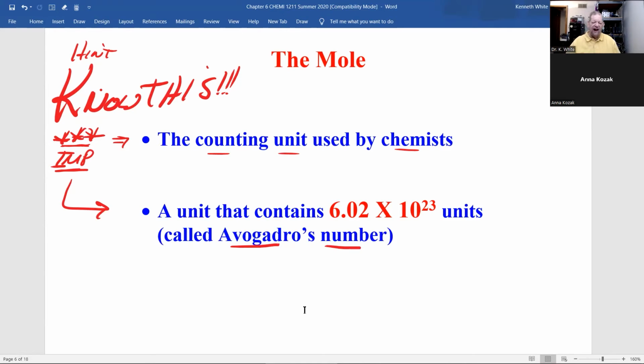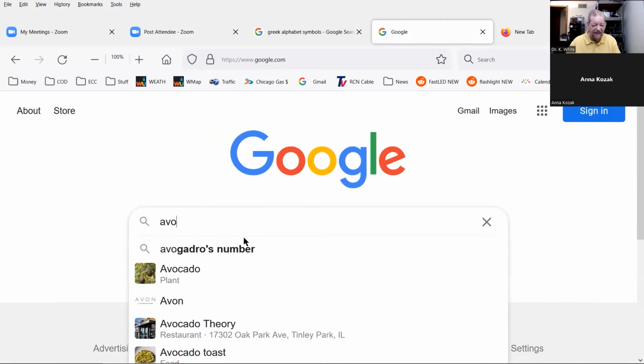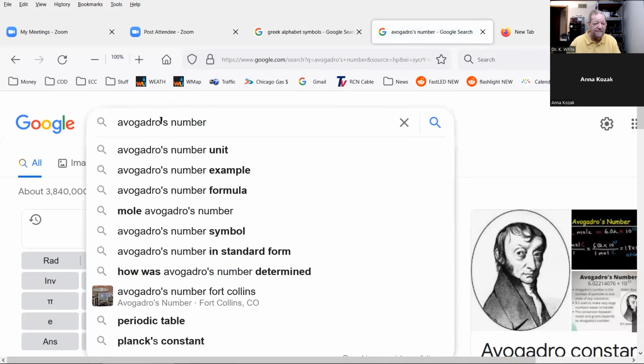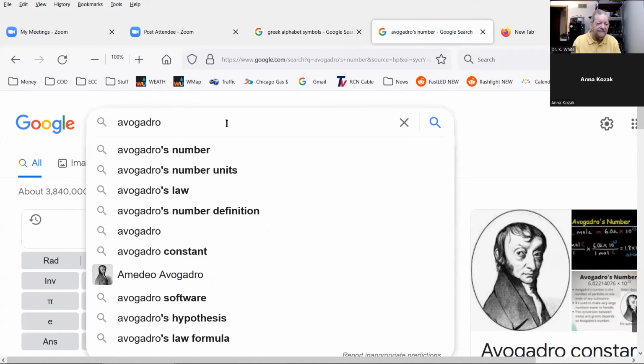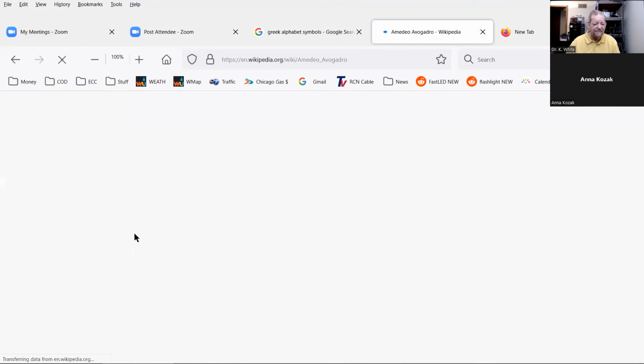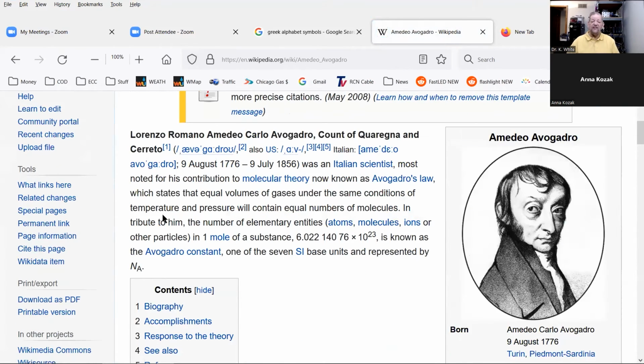This is called Avogadro's number. Who's Avogadro? Well, let's find out. Here's a picture of him. Great Italian scientist back then.